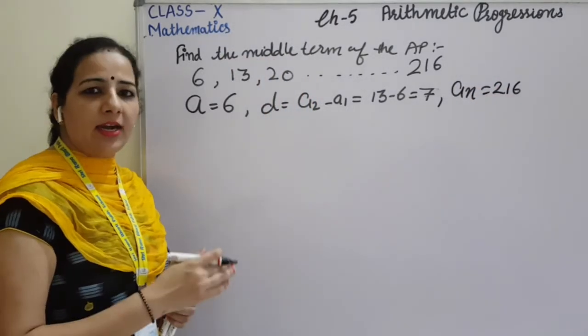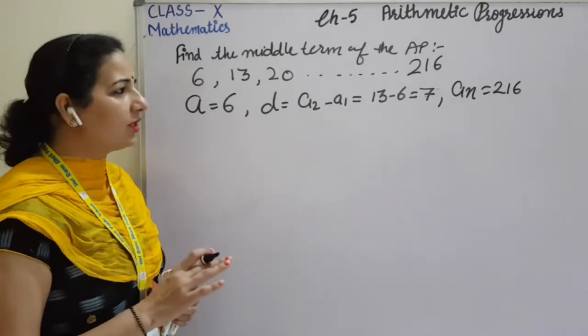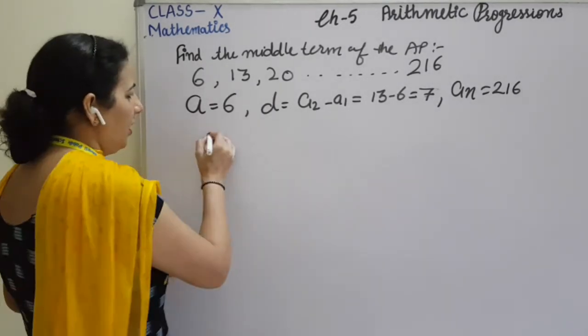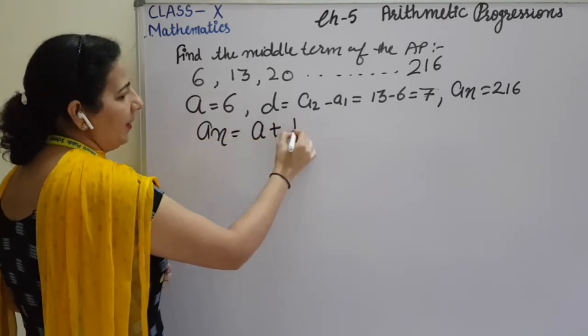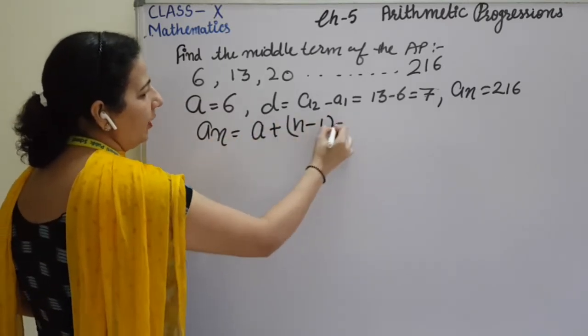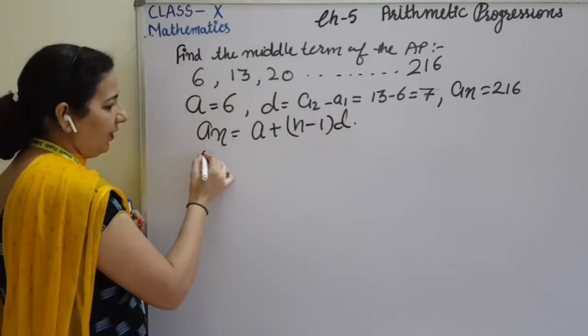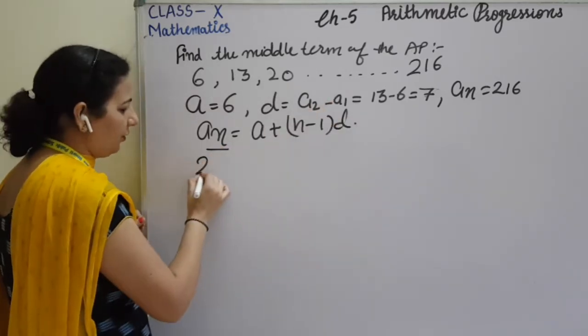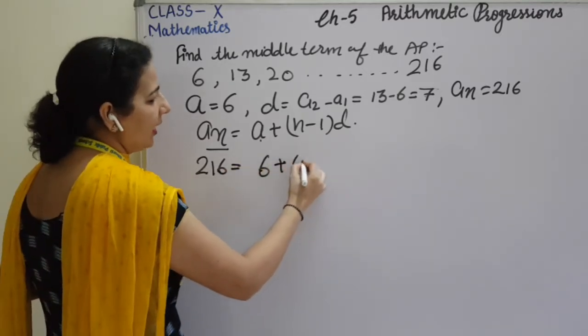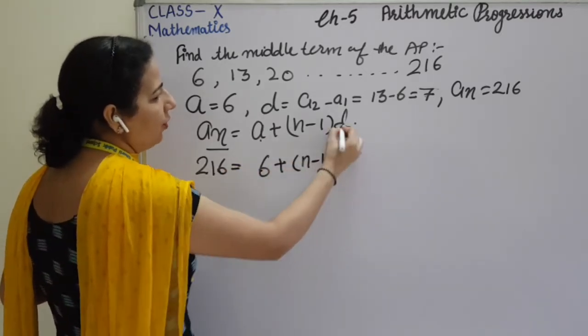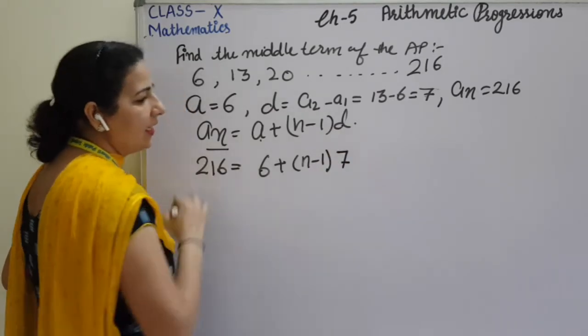So as we have done in exercise 5.2 also, we are just going to start with the simple method. We are going to write an here. The formula of an is a plus n minus 1 into d. Now an, the value they have given in the question, is 216. a is equal to 6 and we don't know the value of n. What about d? d is 7.